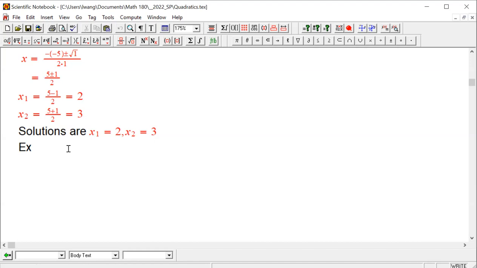Okay, example number 2. We're going to solve for x, and this equation goes like this. It's x squared minus 6x plus 3 equals -6.